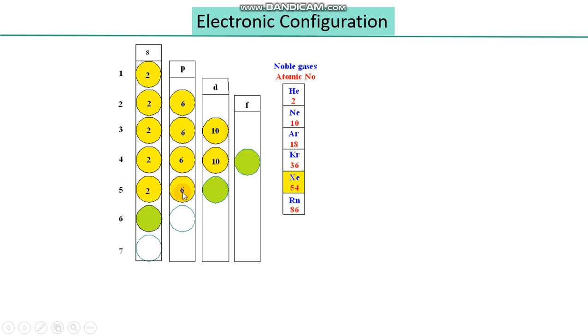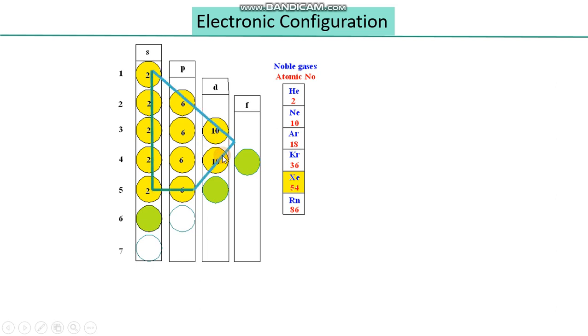Coming to 5p, where 6 electrons have been accommodated, the total electrons are 54. On this side, you can see the noble gases starting from helium through radon. So xenon is 54. The electronic configuration of xenon, a total of 54 electrons, is represented by these yellow colored balls or circles.